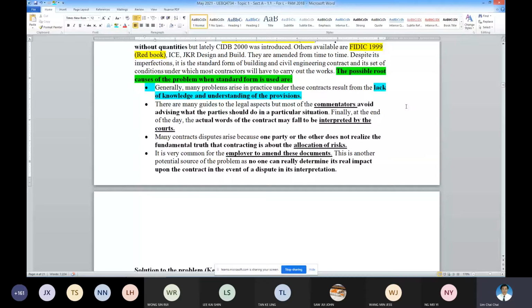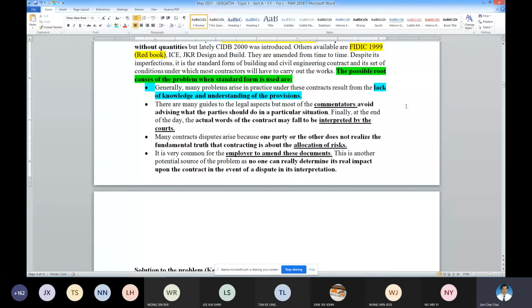make sure that if the contractor is entitled to additional time or extension of time, then it needs to be granted. If the contractor is entitled to extra money, then it has to be paid. This is important. These are the important obligations of the employer.